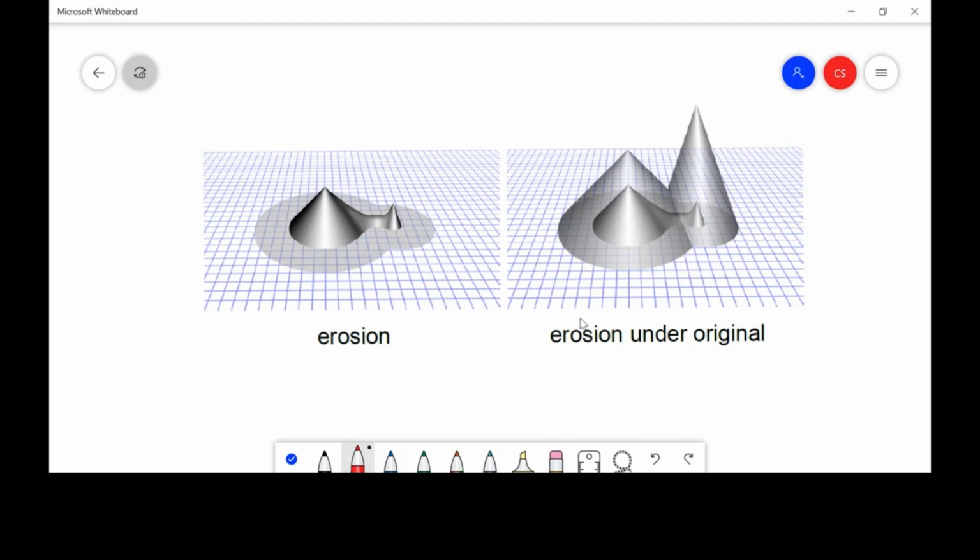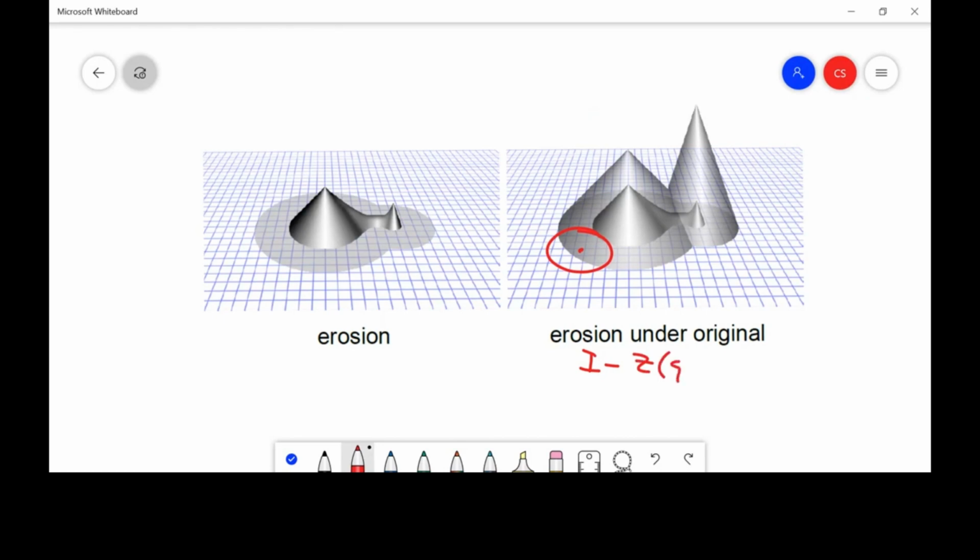Okay, so we have to take the point in the input image. We take this point in the input image, and you place your structuring element there. Then you have to evaluate I minus the shifted kernel.